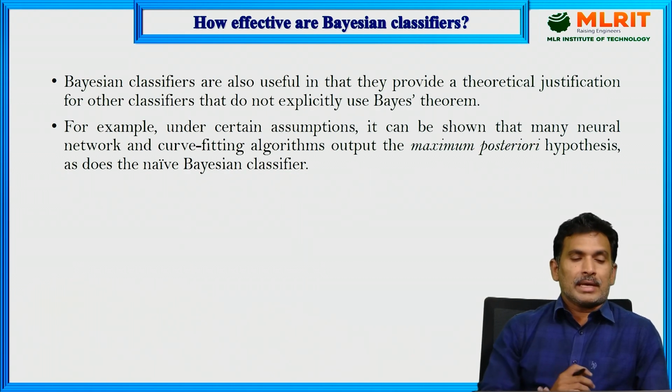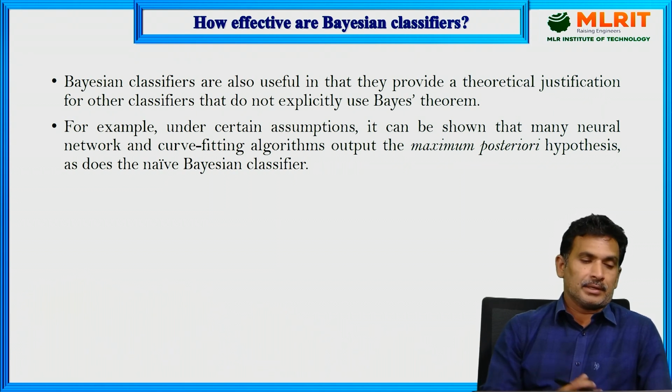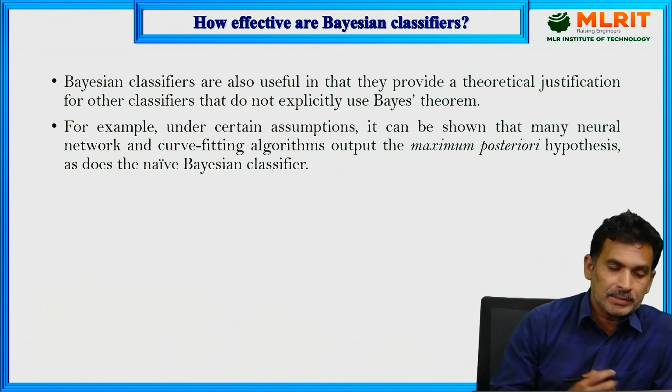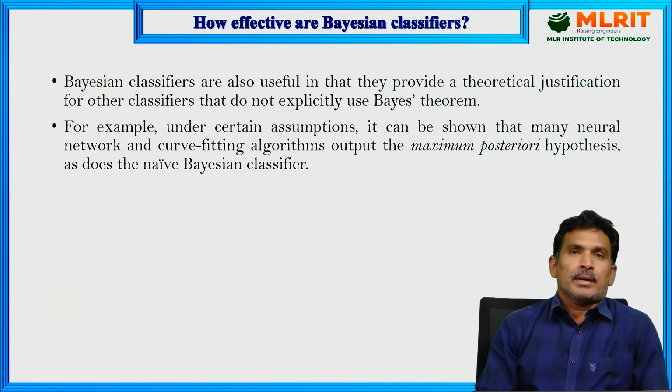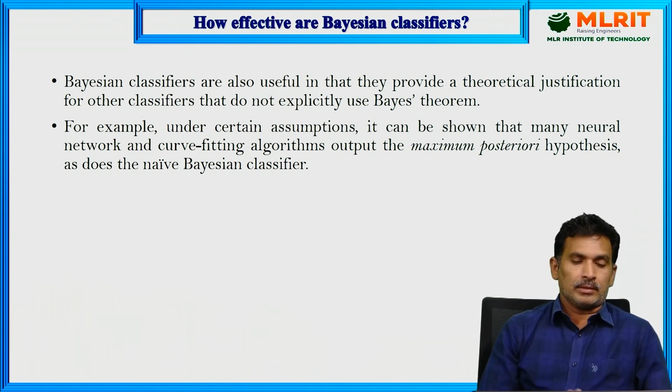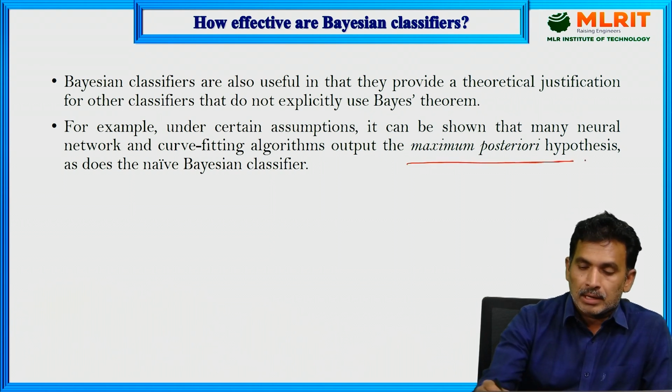That is the reason, the lack of available probability data. So Bayesian classifiers are also useful in that they provide a theoretical justification for other classifiers that do not explicitly use the Bayes theorem. For example, under certain assumptions, it can be shown that many neural network and curve fitting algorithms output the maximum posterior hypothesis.